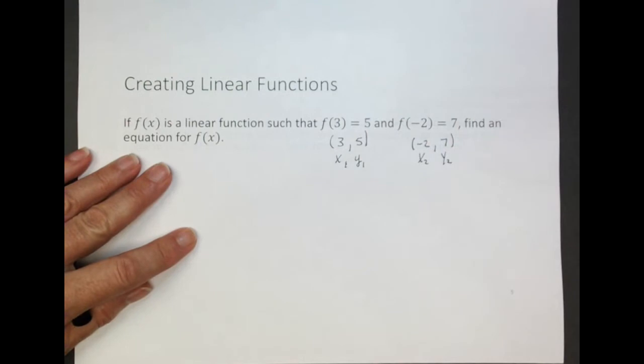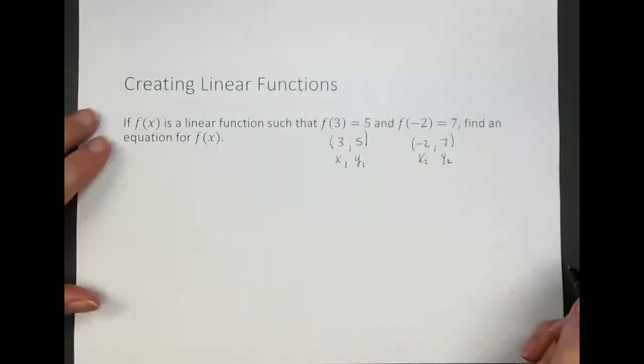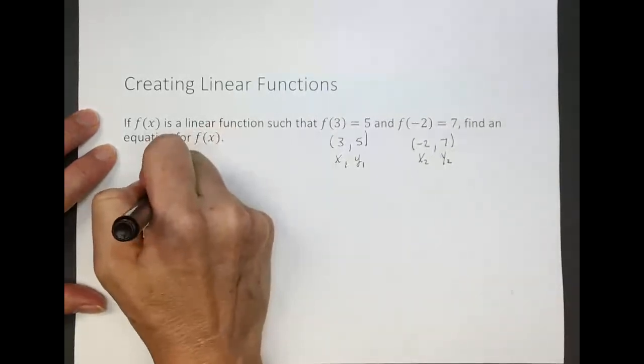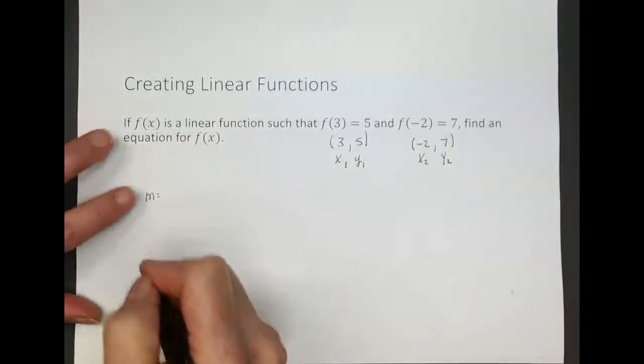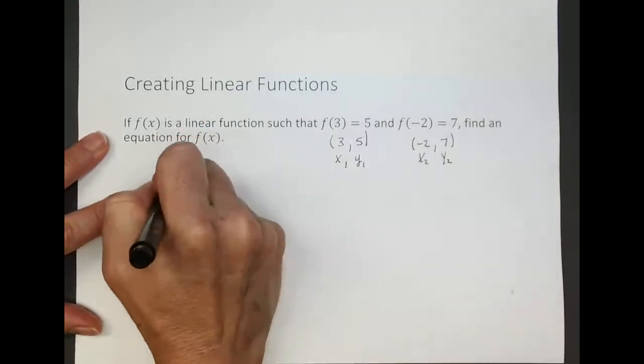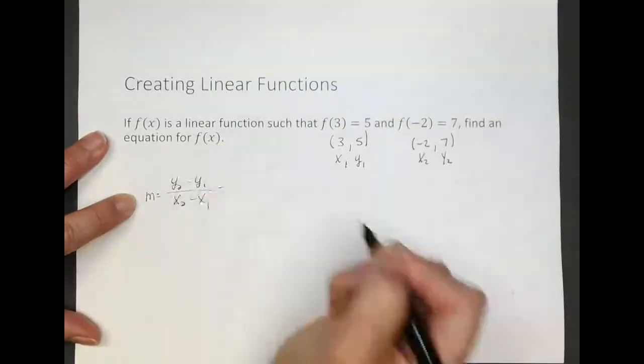All right, so what is that telling me there? Well, I can find my rate of change here, or my slope, right? I can find it using the equation y2 minus y1 over x2 minus x1.